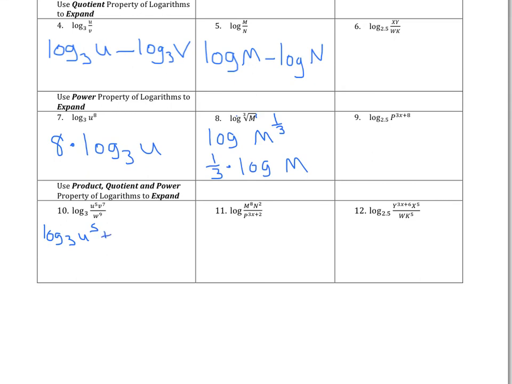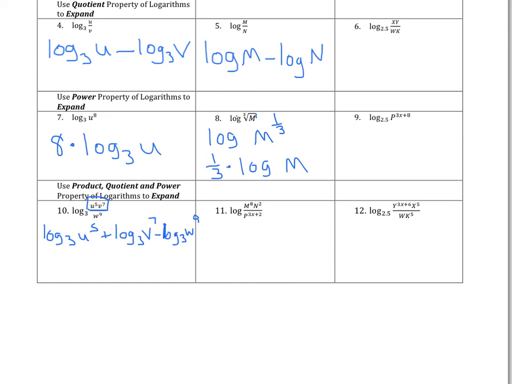And then we're adding, because these two things on the top are being added. So we add log base 3 of v to the 7th. We have multiplication on the top, and then we have division by w to the 9th. So that's a minus log base 3 of w to the 9th. That's a log, not a bog. And then we can go back and look at the power property.